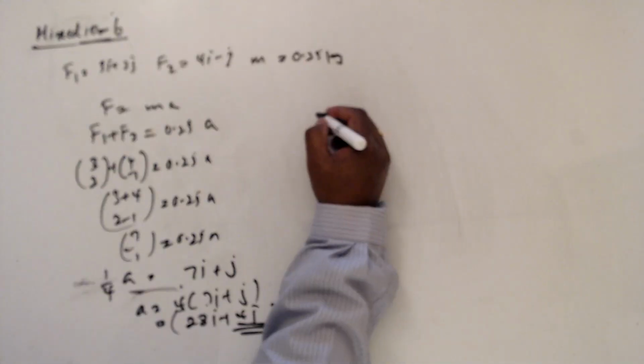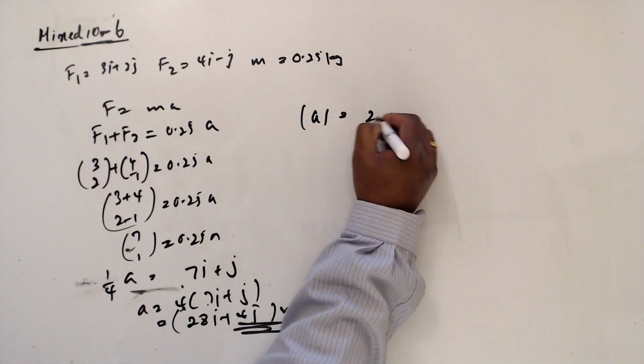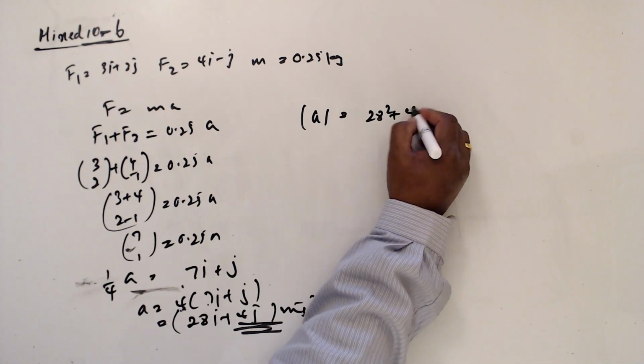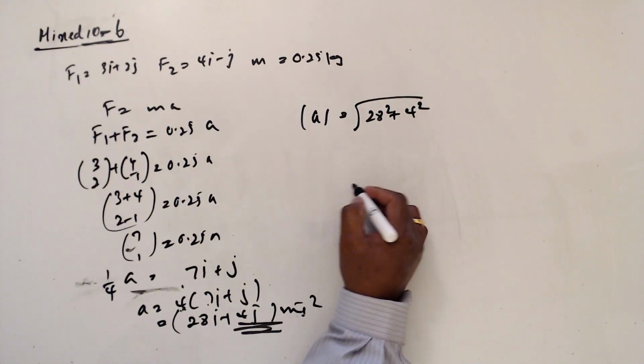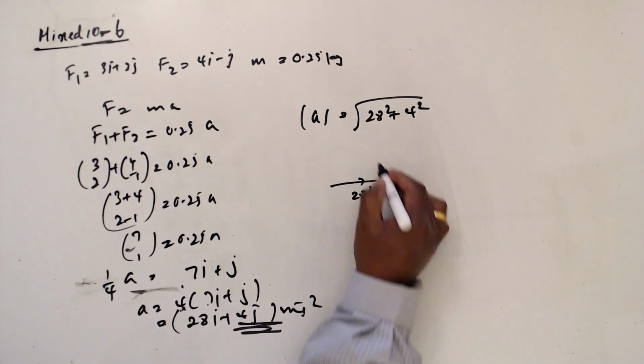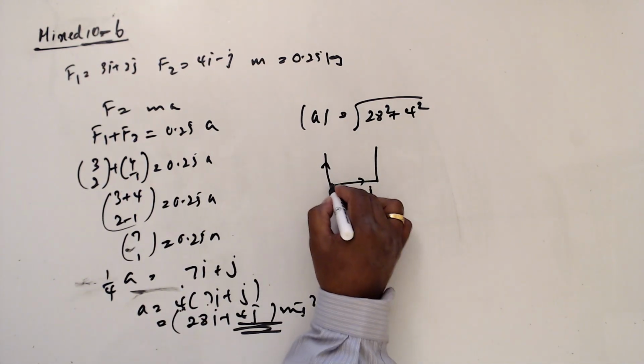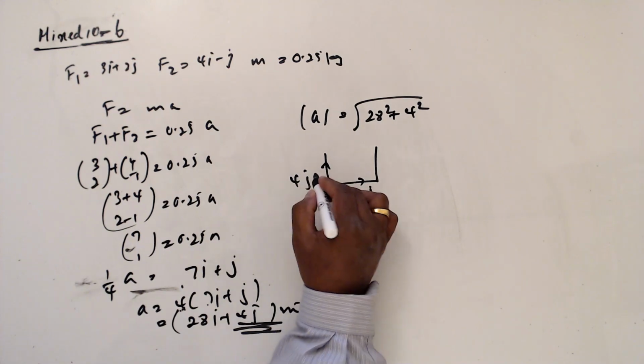If they ask what is the magnitude, then we can find the square root of 28 squared plus 4 squared, and the direction: we can see this is 28i, and for this particle this is 4j.